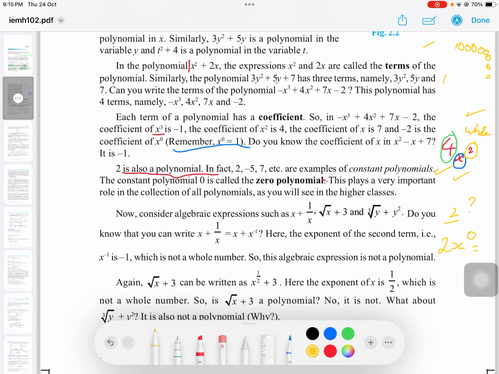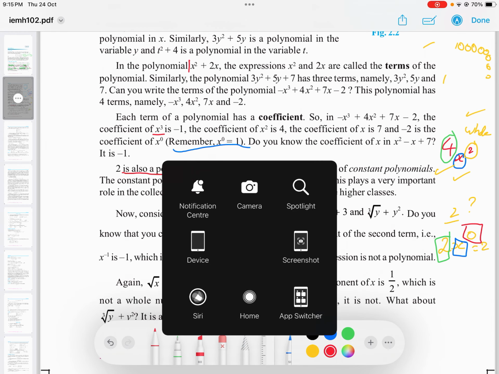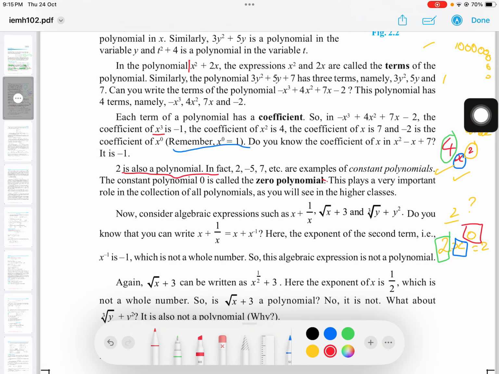This is the same as 2. 2 into x power 0 is the same as 2. So here in this you have a coefficient, you have a constant, and you have a whole number. 0 is a whole number obviously, right? So what is a polynomial?